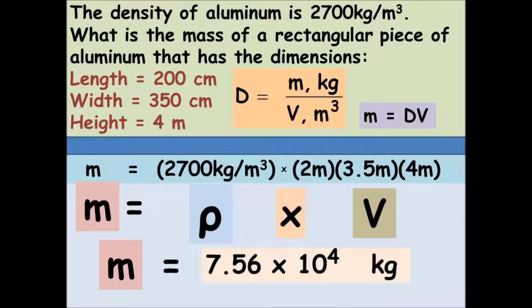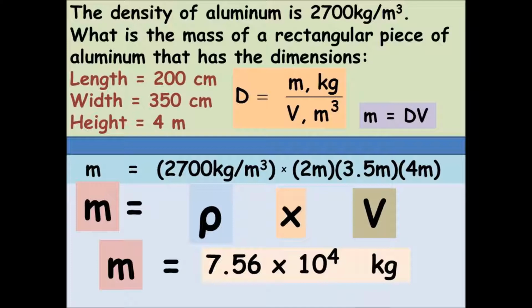Okay, now, for instance, if I have the density of aluminum as 2,700 kilograms per cubic meter, what is the mass of a rectangular piece of aluminum that has the dimensions of 2 centimeters times 350 centimeters times 4 meters?